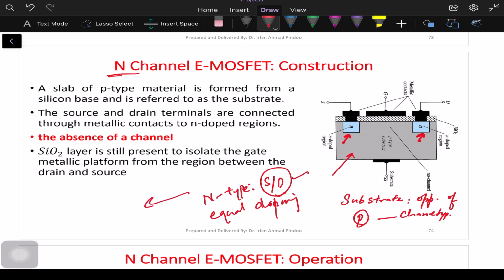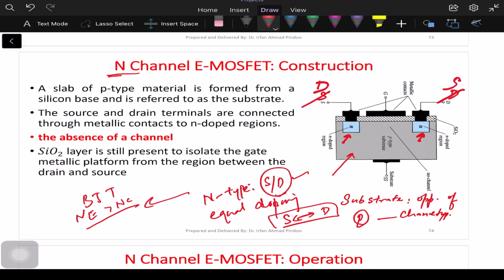This is unlike the BJT, because in BJT we said that the emitter is highly doped compared to the collector, but in the case of MOSFET we have an equal amount of doping. That makes one more point important, that the source and drain terminals are interchangeable. Suppose in this diagram we have source here and drain here, but we can interchange them by saying that this is drain and this is source. That can also be done.